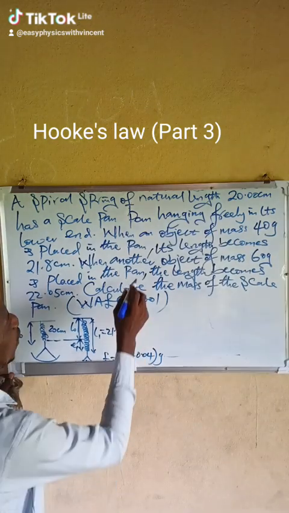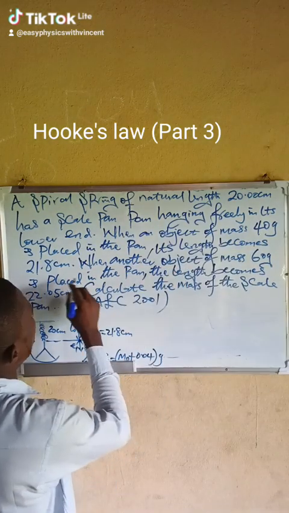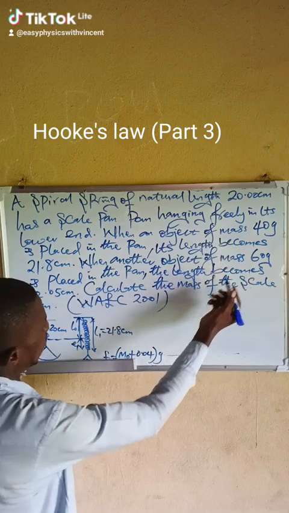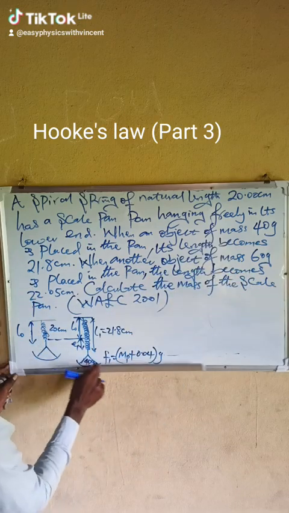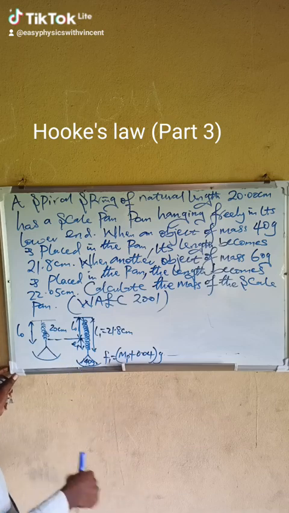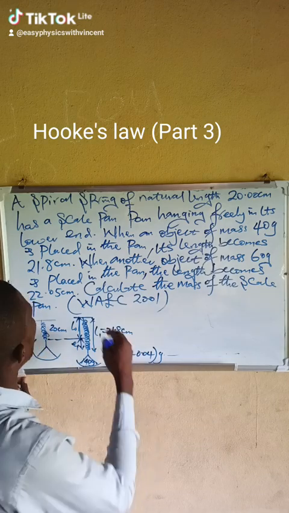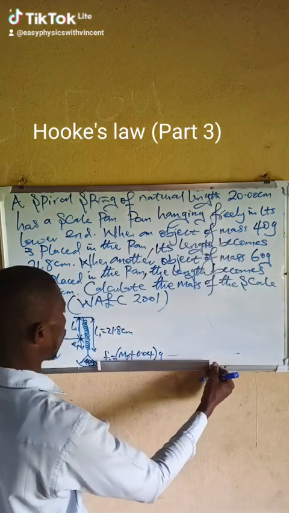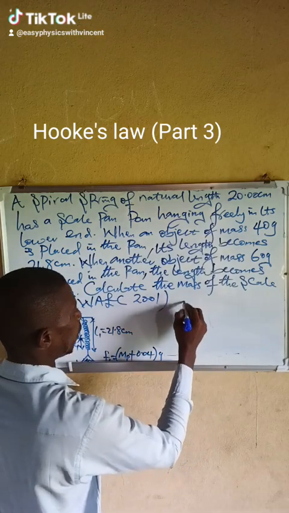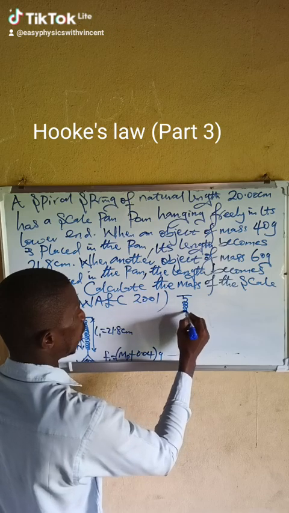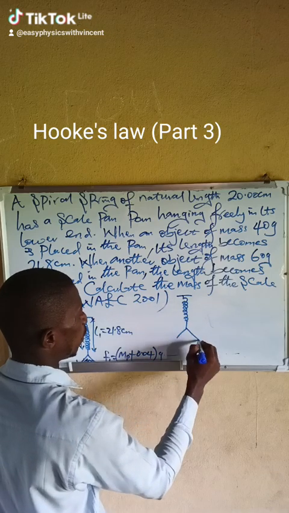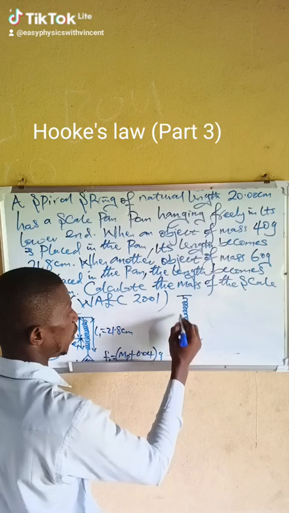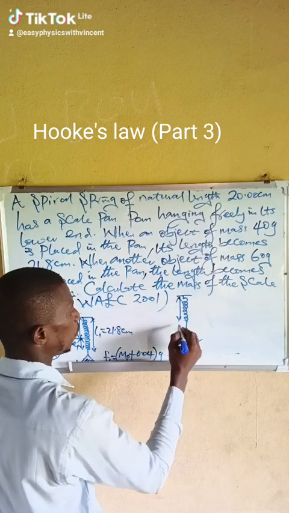Then let me draw the next one. We're also given its length becomes this when another object of mass, we remove this mass and replace it by another mass of 60 gram. This is the scale pan, original length with the scale pan.